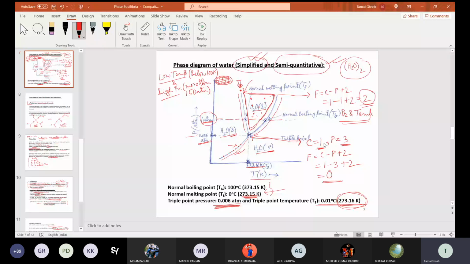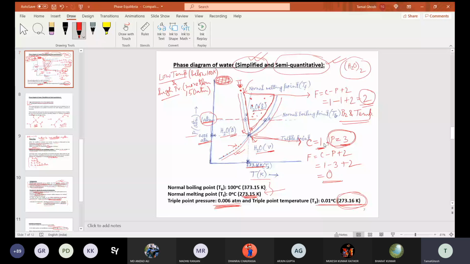If the system goes along the phase boundary, it will be a 2-phase system. If it goes to H2O solid, liquid or vapor, it will be 1 phase. So it will not remain in the P equal to 3 condition, and the F equal to 0 condition will not be maintained.